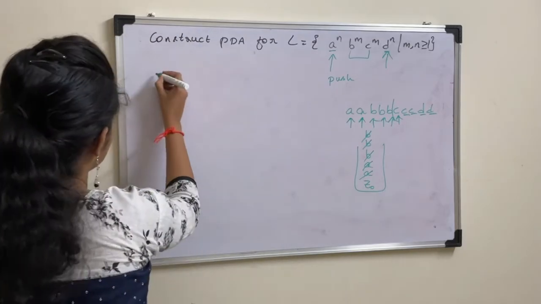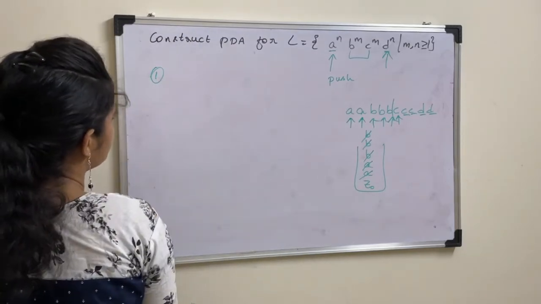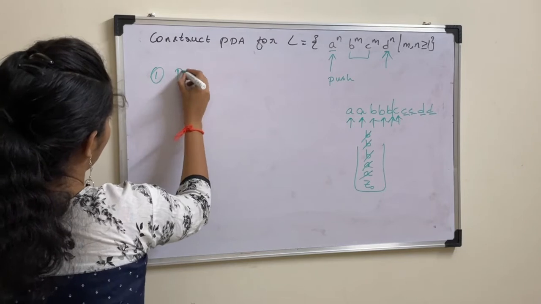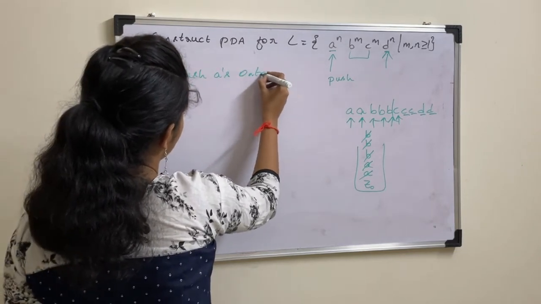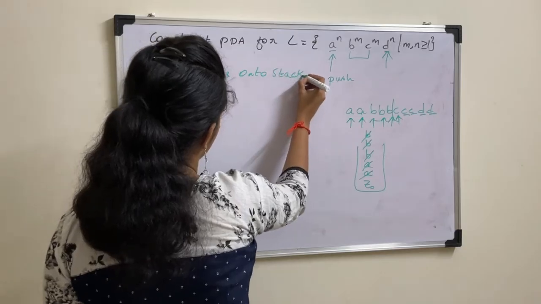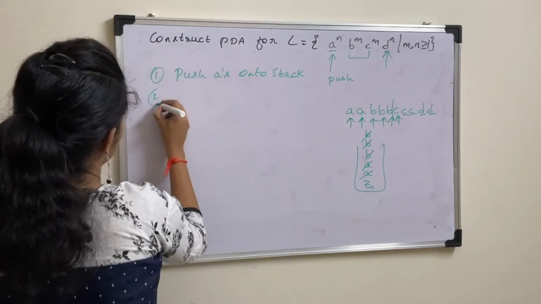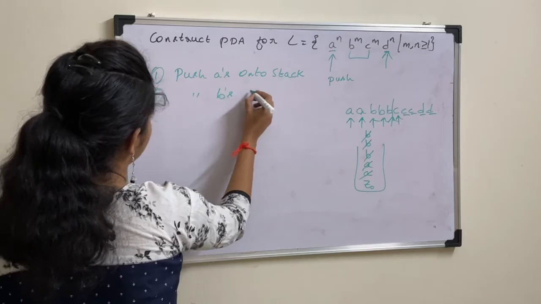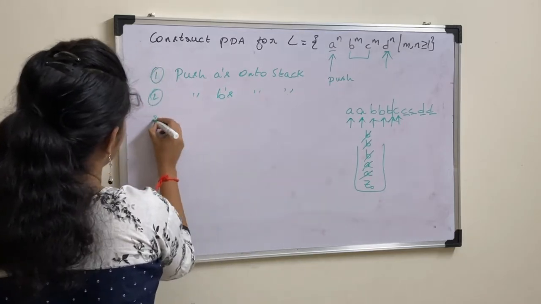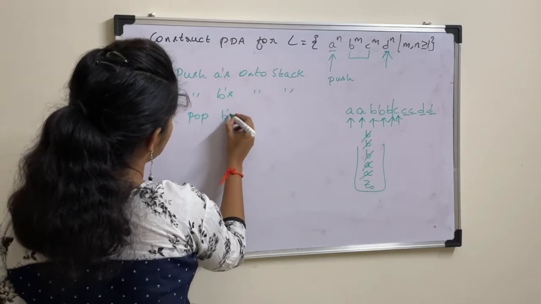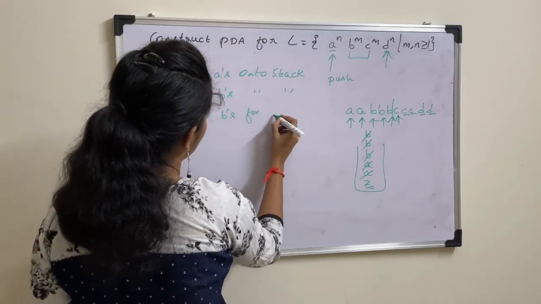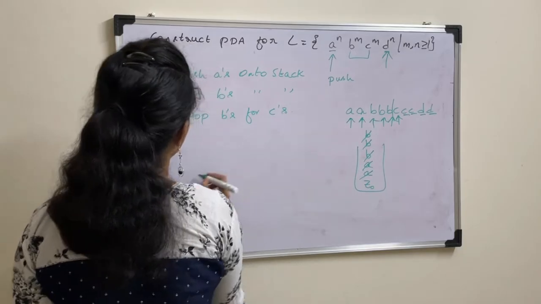So how to write this in the form of steps? Push A's onto the stack. Similarly, push B's. Next, pop B's for the corresponding C's.